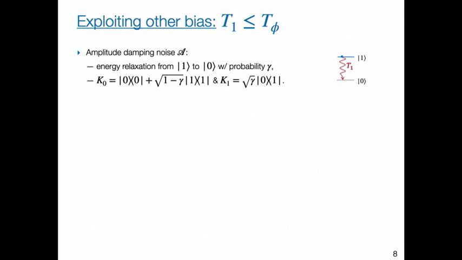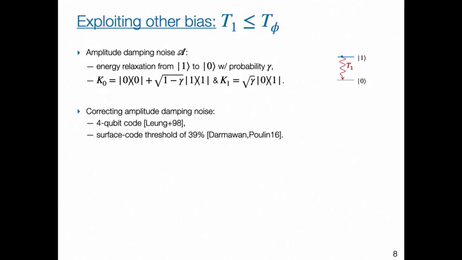If you want to think about a channel, I listed two Kraus operators that describe the amplitude damping noise. It turns out that amplitude damping noise can be corrected more efficiently than, say, the depolarizing noise.